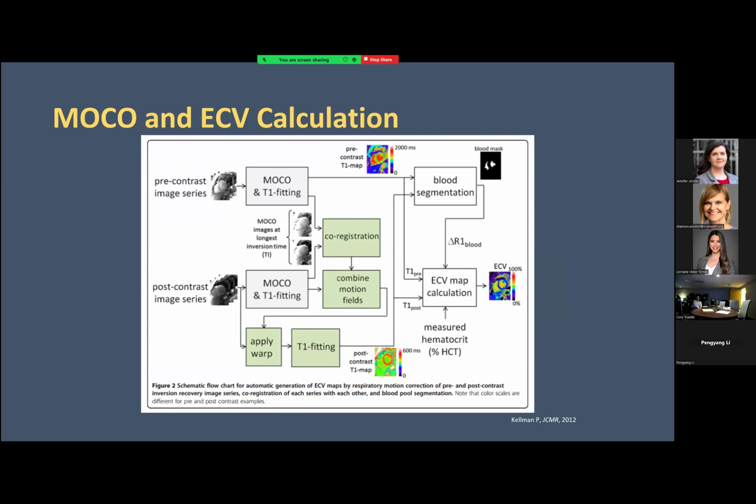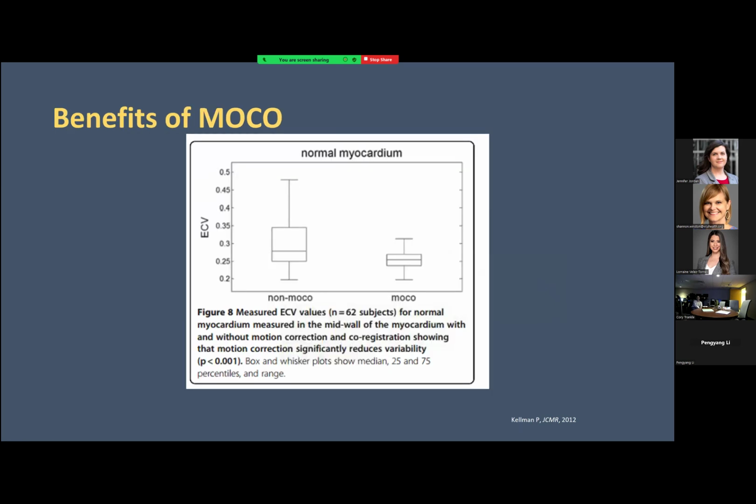The motion correction is overall beneficial. So this is data on using the motion correction in the pre and post contrast T1 maps to create the ECV. When we do an ECV map in normal myocardium without the motion correction, it has quite a high variability, but with the motion correction, it nicely reduces that variability.